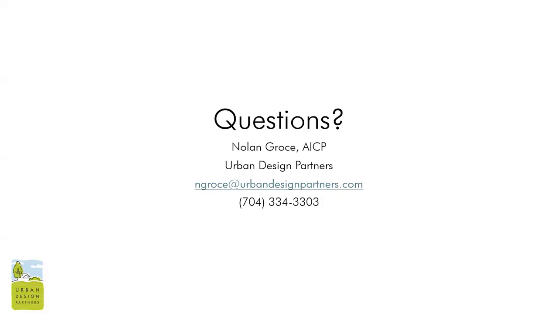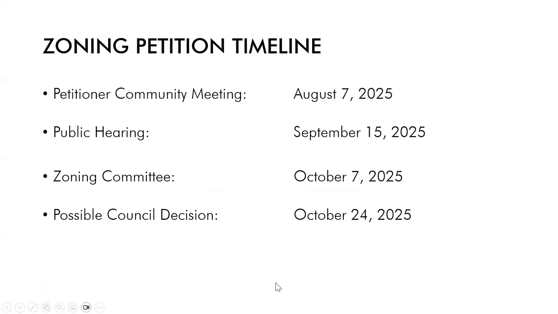Now, from time to time, do you plan to have additional meetings, I mean, Zoom meetings, as you progress? Yeah, so this is our required community meeting. When we are ready to progress to a public hearing, rather than us sending out mailed notices, which you received, the city of Charlotte will send out that mailed notice letting you know when our public hearing date is going to take place.